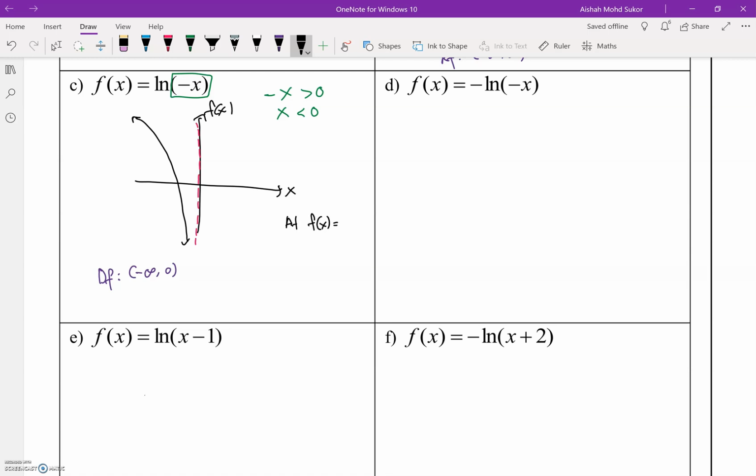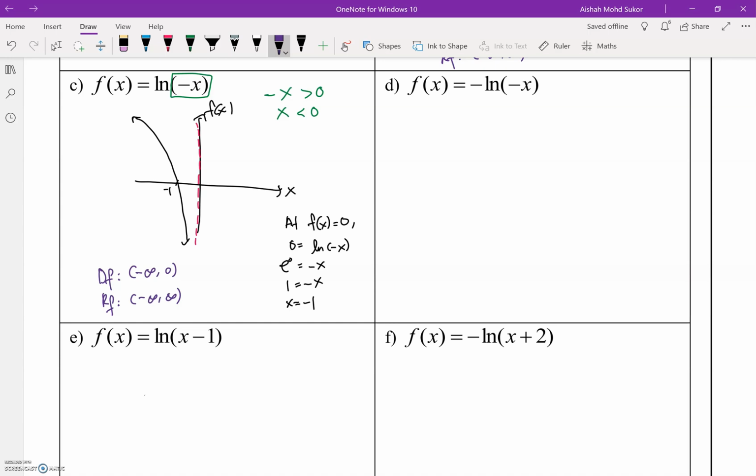At f(x) equals 0, e^0 is equal to negative x, 1 equals negative x, so x equal to negative 1. And our range is negative infinity to infinity.